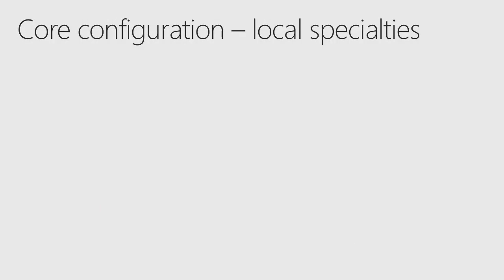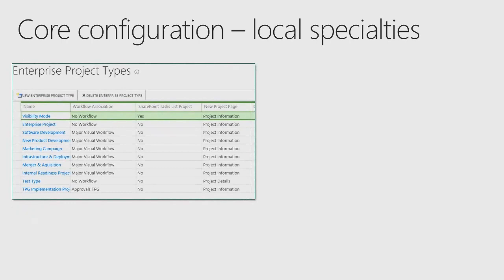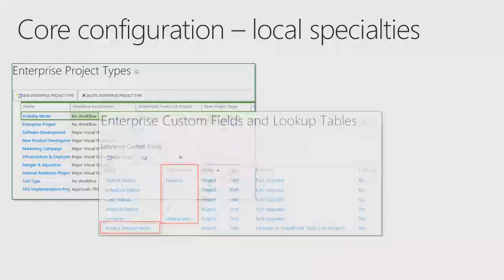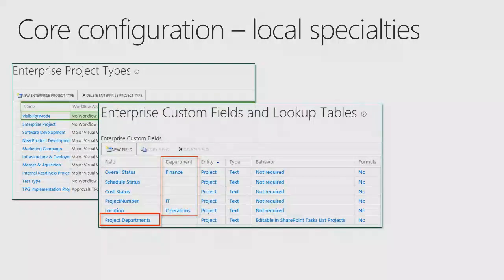Let's have a look at core configuration, what is maybe really special about it. If you think about enterprise project types, and these project types really determine how people are starting projects, what information they see. You know, all this is really, let's say, out-of-the-box functionality. You have enterprise custom fields and lookup tables, and I'm not sure if you ever used the product department functionality in Project Server.